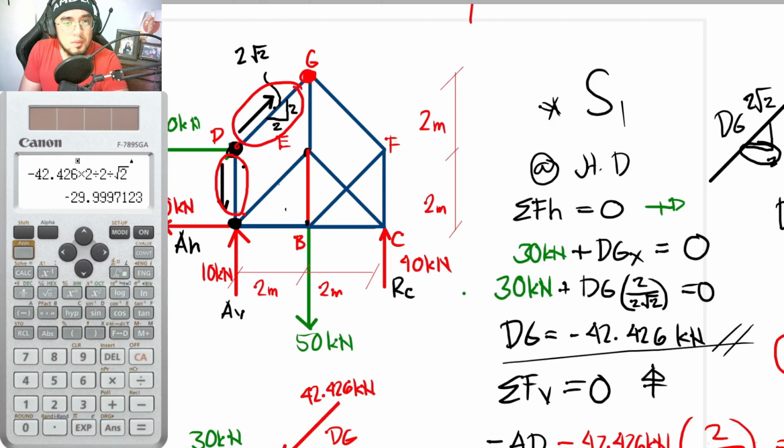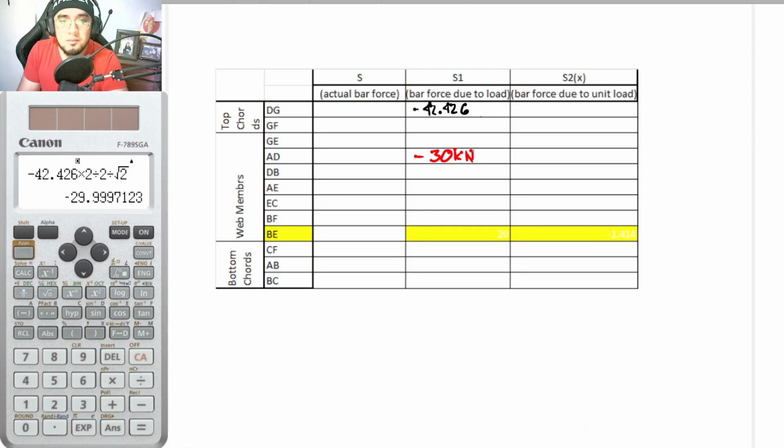Or if you go to this joint, you can solve for the bar force here and the bar force here. So you would be solving for all of the bar forces, including this new truss member here, and listing them here.